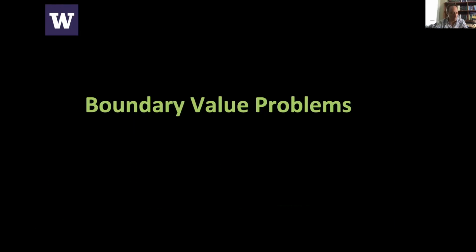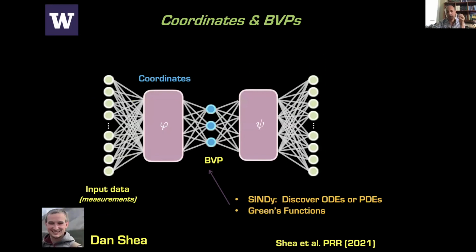I'll finish up with some last thoughts. Everything I've talked about is time dependent, but there's no reason you can't bring all of this architecture onto boundary value problems. Here you would just trade this out. This is work with Dan Shea: I take input measurements and learn a coordinate transformation to learn underlying boundary value problems. I might have a system where I don't know the governing equations, and I can learn the governing equations of some boundary value problem or static problem through the same architecture as before.